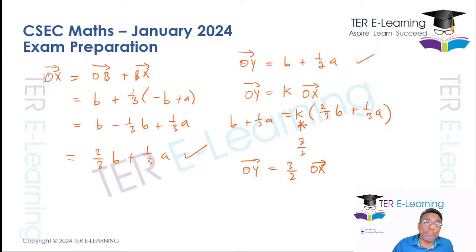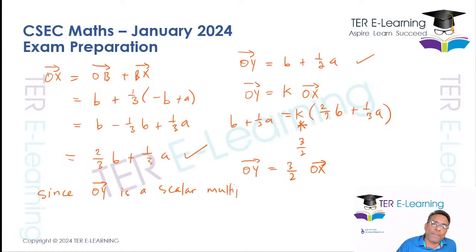If you want to answer this question properly, you have to say 2 things. This is what CXC is giving you the marks for. Since OY is a scalar multiple of OX, they are parallel. So you need to say that. The fact that one is a scalar multiple of the other, they are parallel.